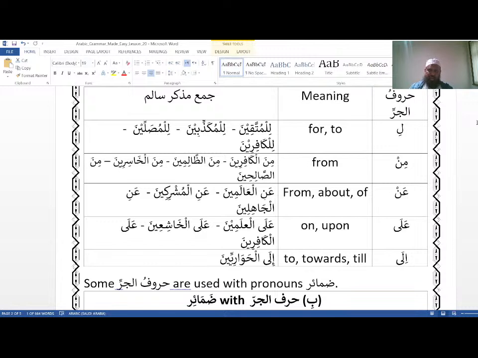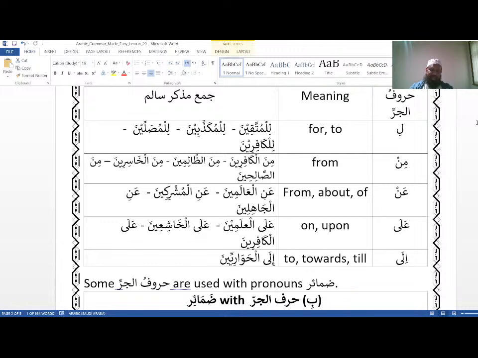هو، هما، هم، هي، هما، هن، أنت، أنتما، أنتم، أنت، أنتما، أنتن، أنا، نحن. Okay. So these ضميرs are used by themselves. You cannot attach any other words with these.